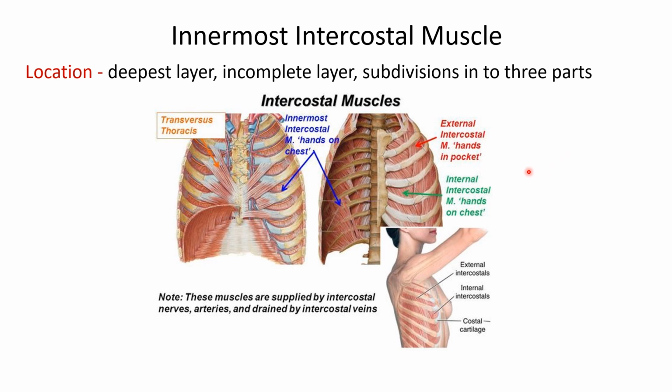In this picture, you can see the direction of the external intercostal muscle as if the hands are in the pocket, and see the direction of the internal intercostal muscle as if the hands are on the chest, and see the innermost intercostal muscle which also follows the same direction as the internal intercostal muscle, that is, hands on chest.